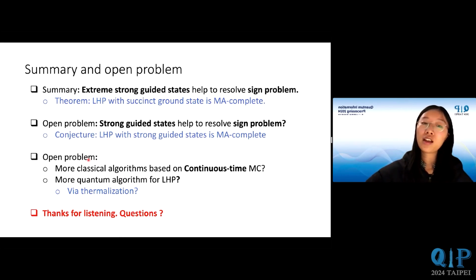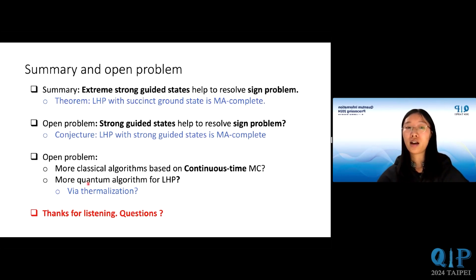Also, although the algorithm for the local Hamiltonian problem with guided states is very good, it's always good to design some new algorithm. For example, you might design a quantum Metropolis algorithm, something like this. Okay, so that's all. Thank you.